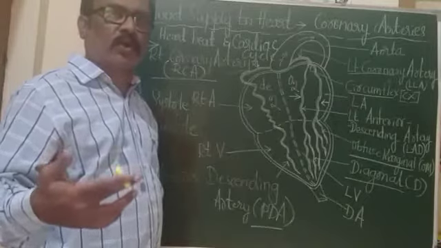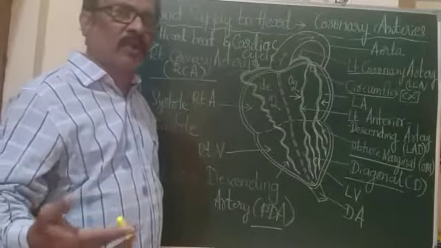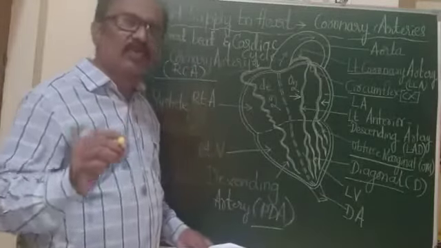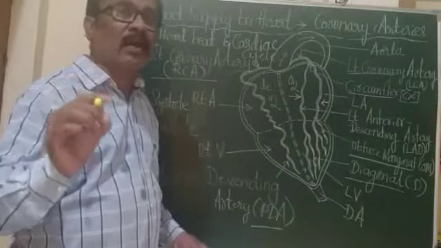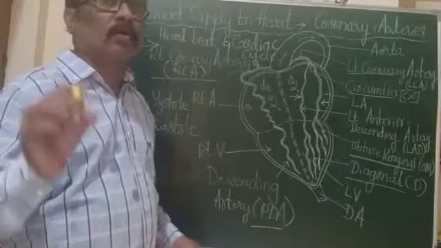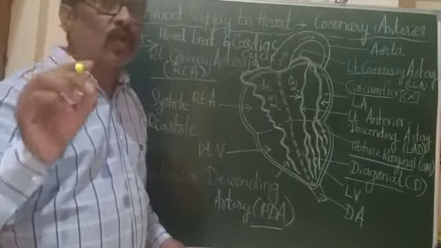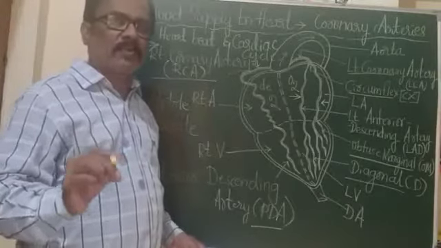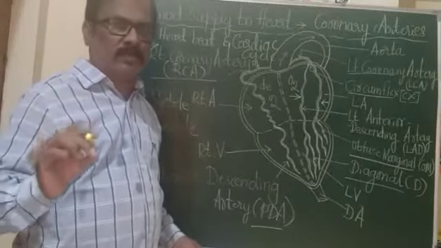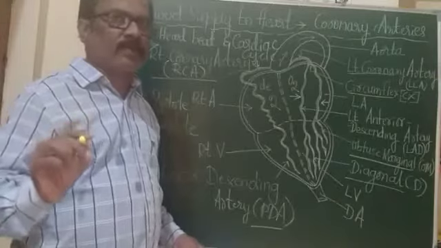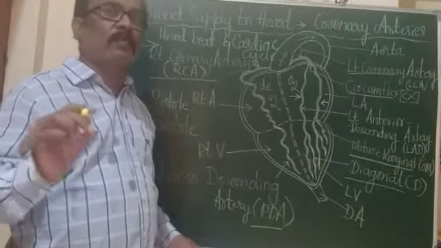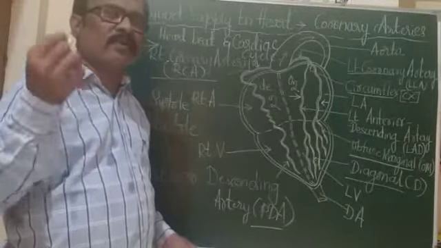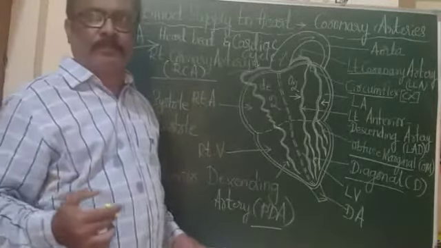The alternative contraction and relaxation of auricles and ventricles followed by a short pause is called one cardiac cycle, or that constitutes one heartbeat. I will repeat the definition. Pause means a very small resting period.